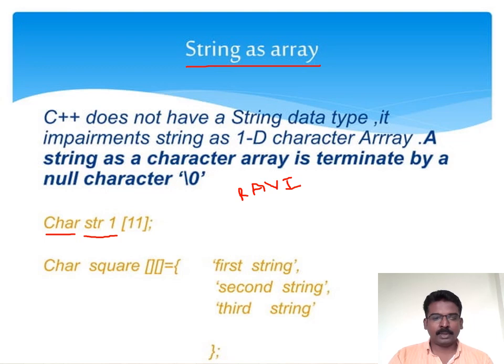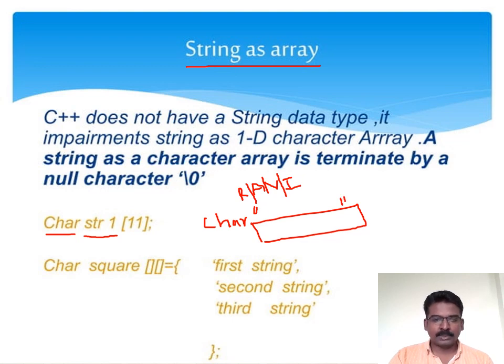I don't have a string data type for creating an array. So since a string can be broken into characters, we first break it into characters and then use the character array. This character array has memory locations 0 to 11.